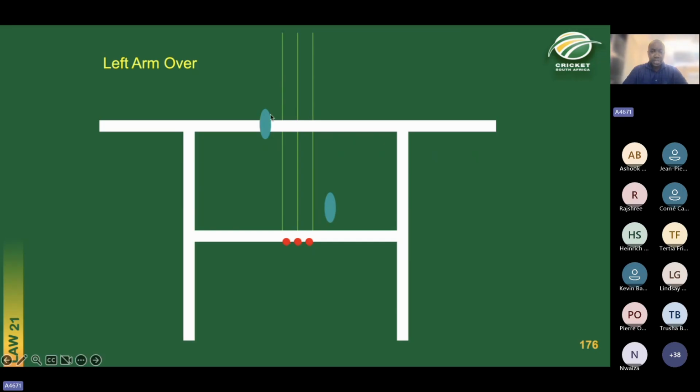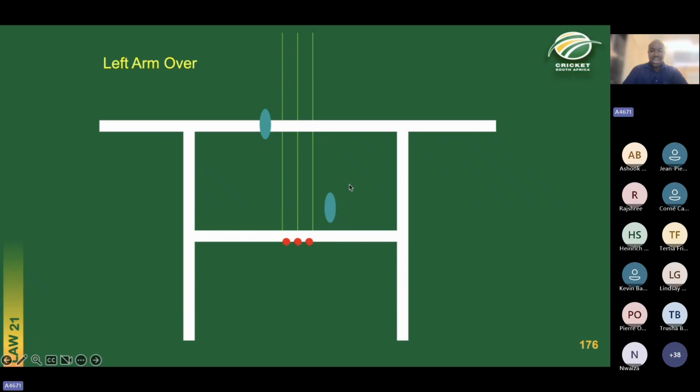The front foot, there is about a quarter or a third of the front foot grounded behind the back edge of the popping crease, but they have gone past the middle stump and onto the other side of the stumps.